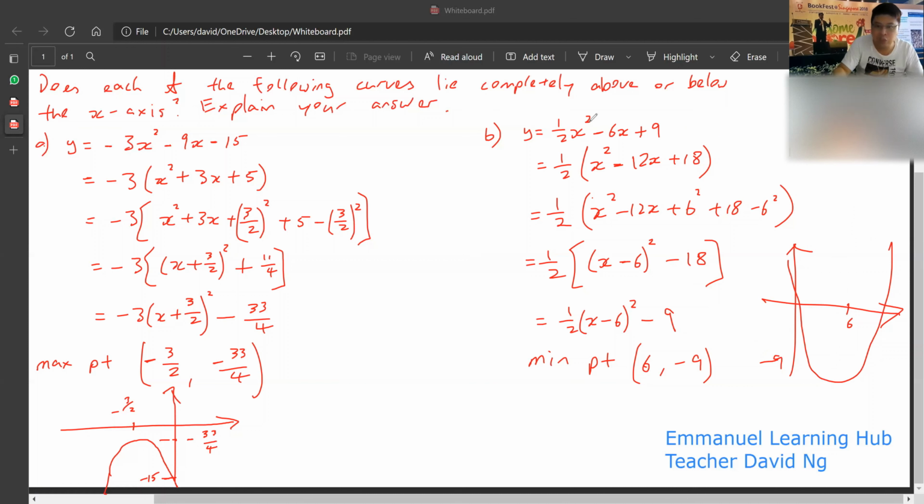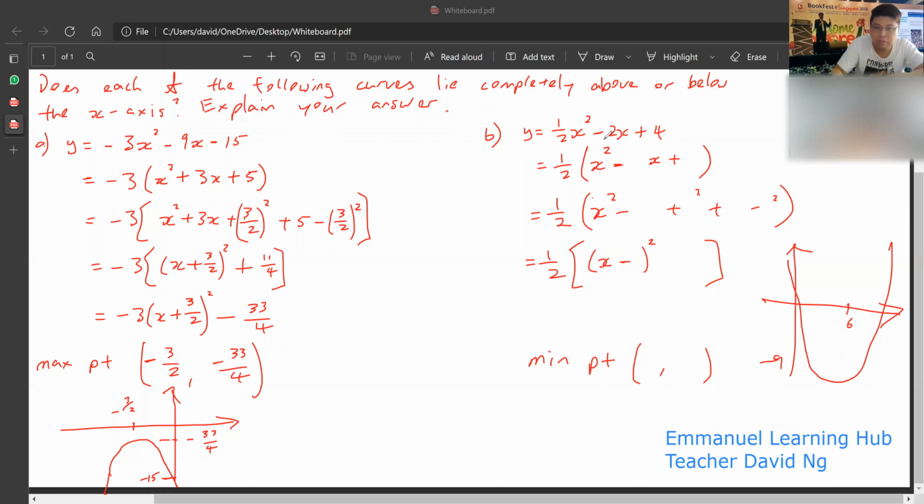So if I were to change this to 2x, let's say this is 2x plus 4, let's say. Okay, 2x plus 4.